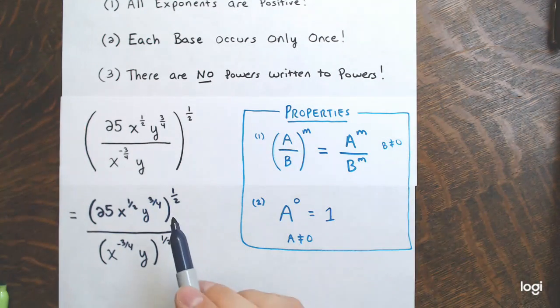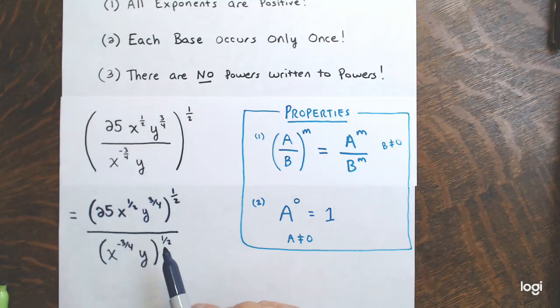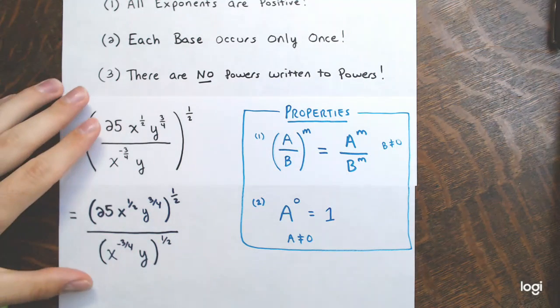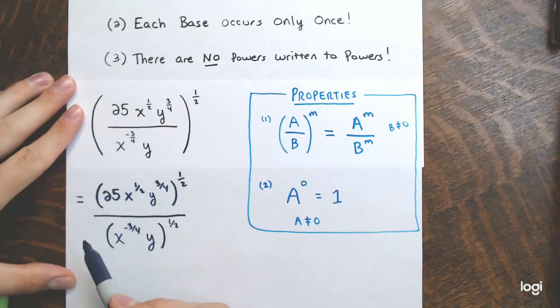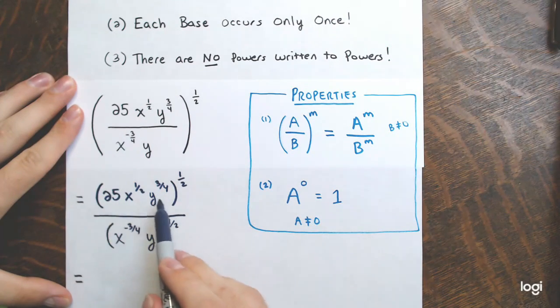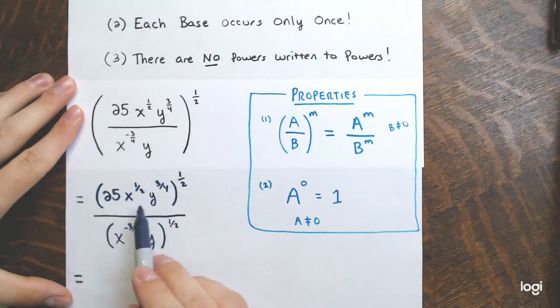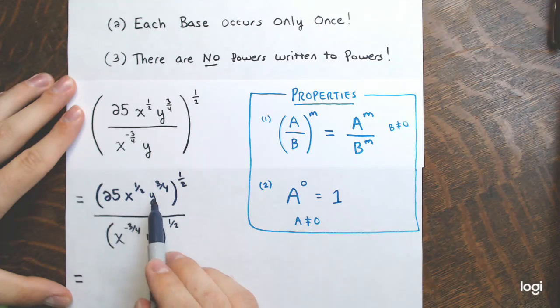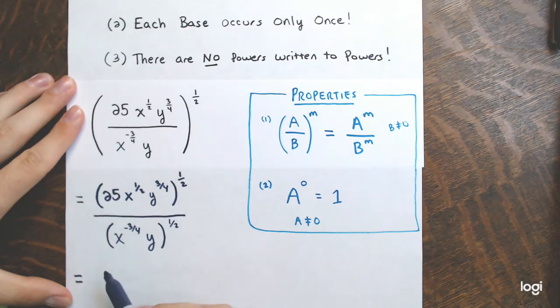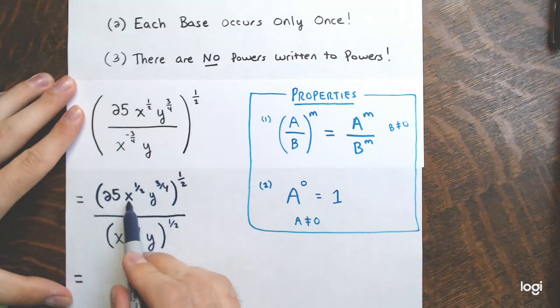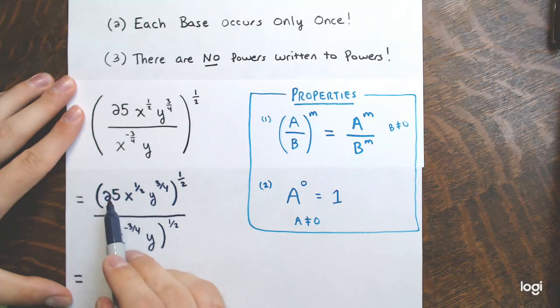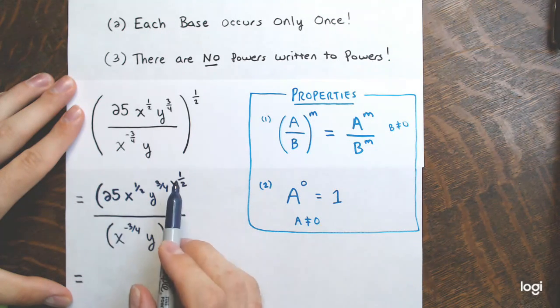Now, like I like to do, I'm going to simplify the numerator and denominator on their own, and then we'll do all sorts of division and stuff. In the numerator, above the bar, I can use that product to a power rule. This is a product, right? There's no addition or subtraction here. So each factor can be raised to the half.